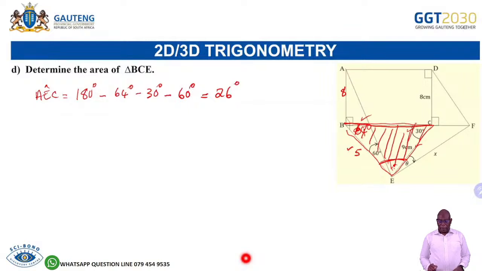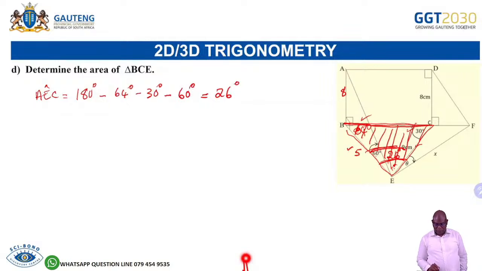Right. Now I know this angle is 26 degrees. So if that angle is 26 degrees, that whole angle here will be 60 plus that, which is going to be 86 degrees.